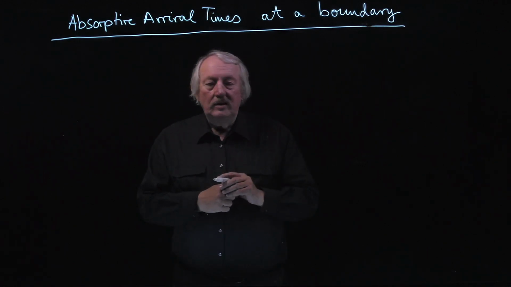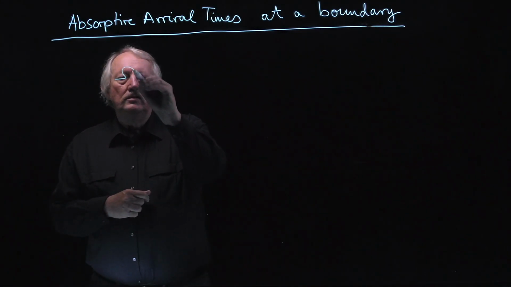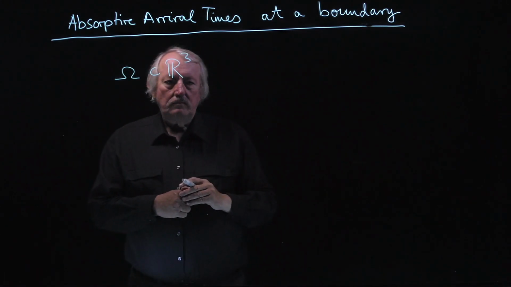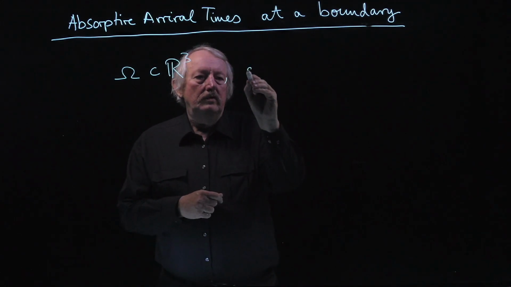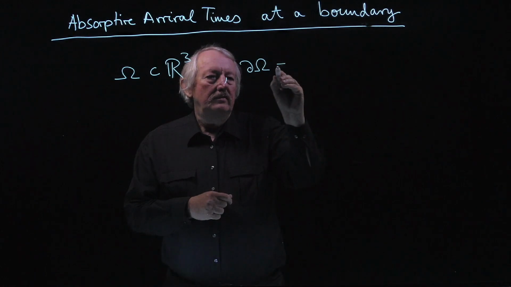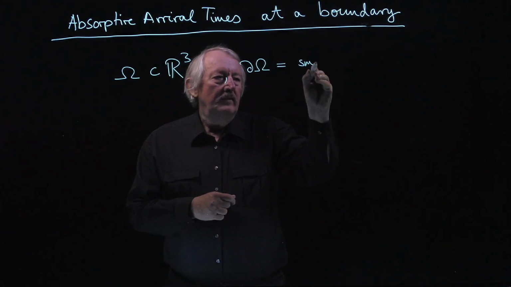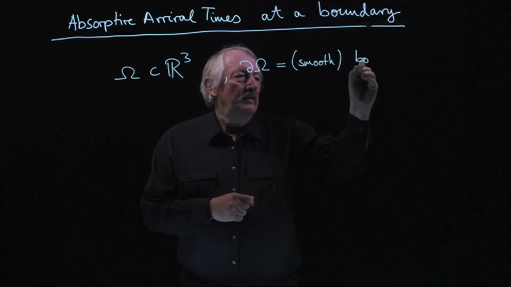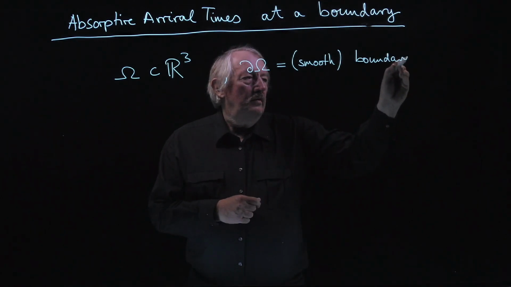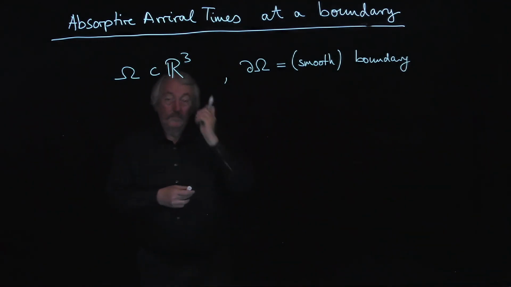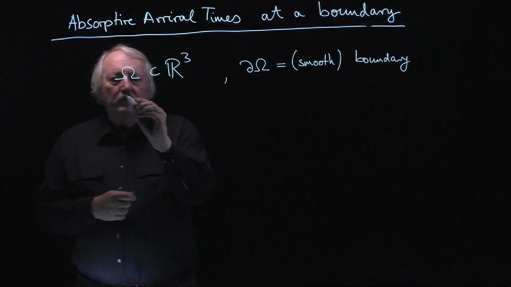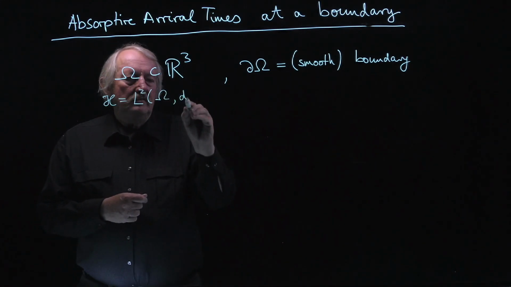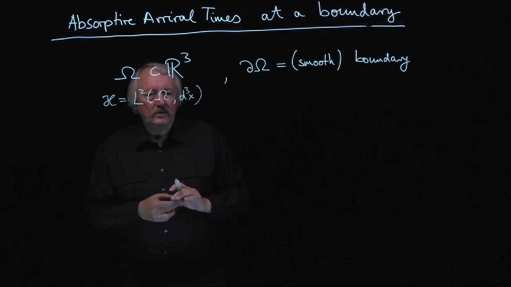Okay, so the situation that we want to look at is a region omega, let's call it, and that would be, let's say, a spatial region in R3. And our notation for the boundary. There will be some kind of a regular boundary, and I'm not spelling this out. Piecewise smooth will be okay, right? And our Hilbert space then is just the L2 of this space with standard volume integration.